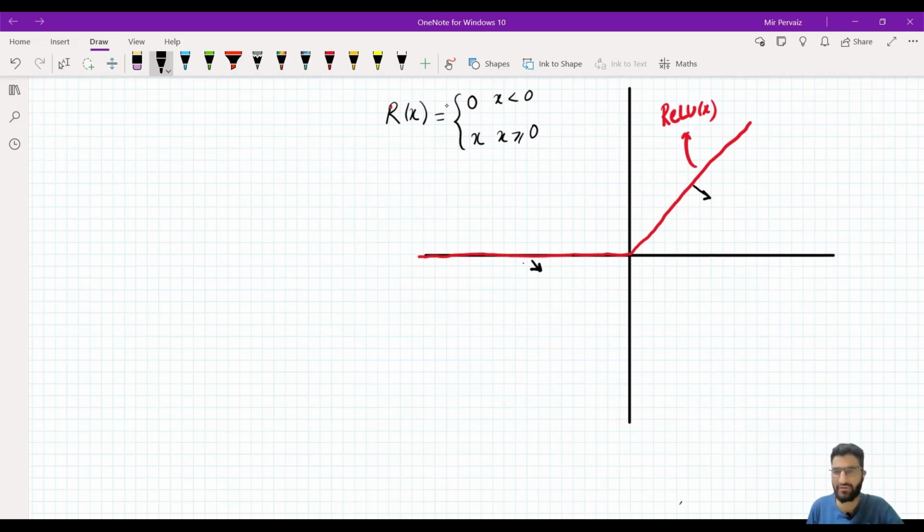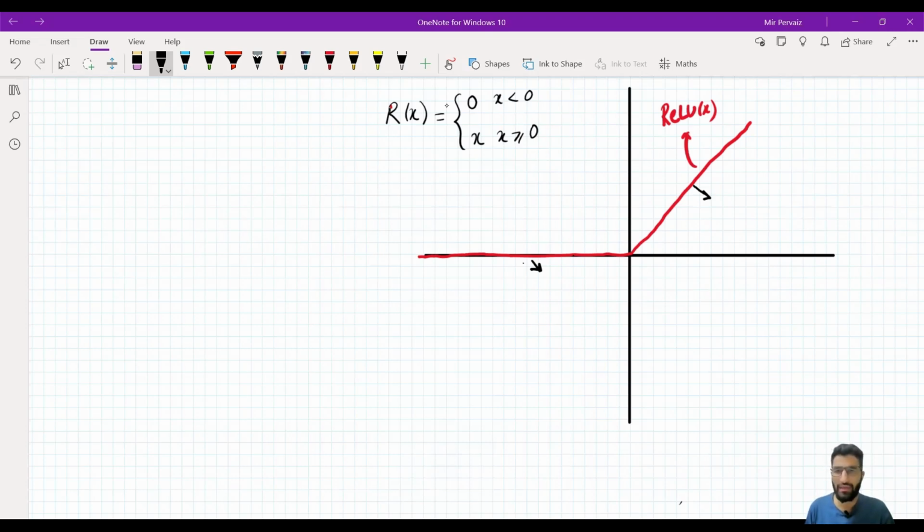For negative values it returns 0, and for positive values it gives the same value as the input.